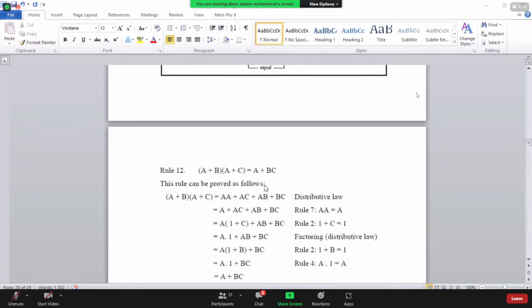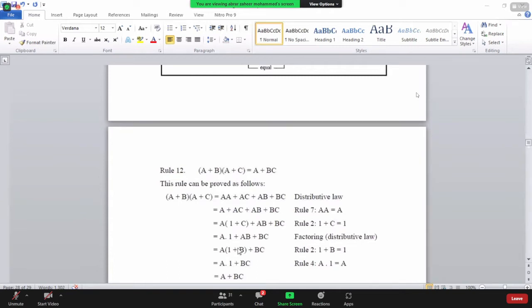This rule can be proved as A plus B into A plus C is equal to A into A, that is A dot A, A into C is AC, A into B is AB, B into C is BC. This is the distributive law. Then A into A is equal to A by rule number 7. So we have taken A common into 1 plus C. 1 plus C is equal to 1.